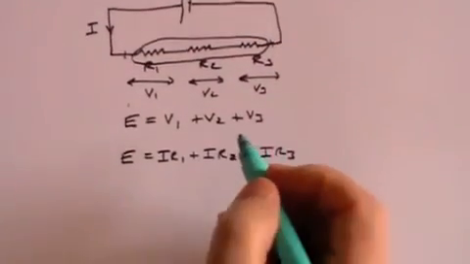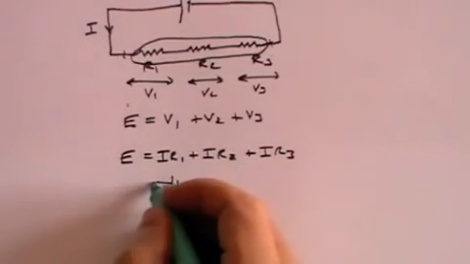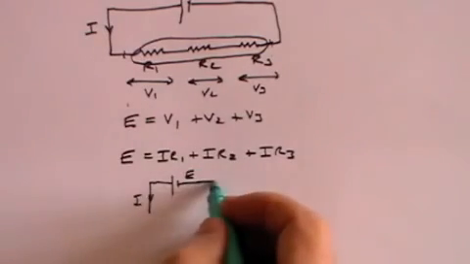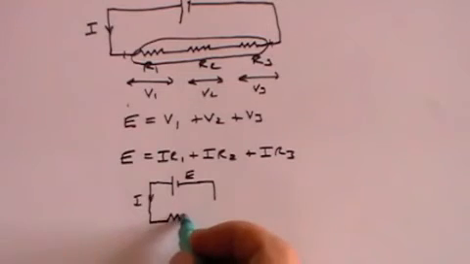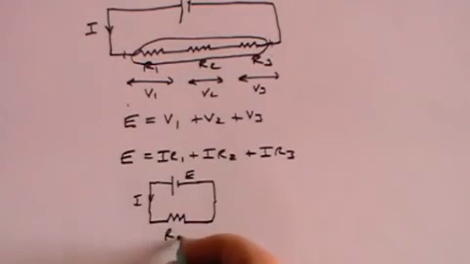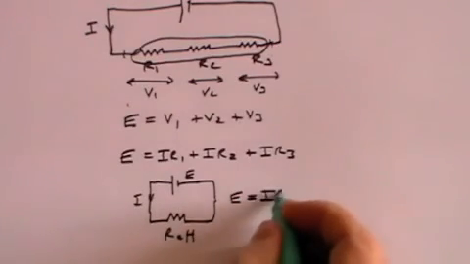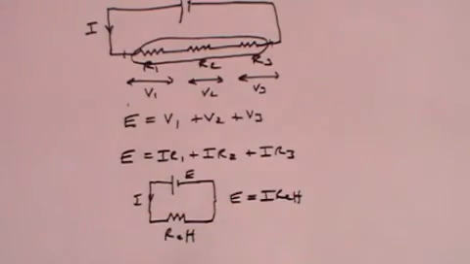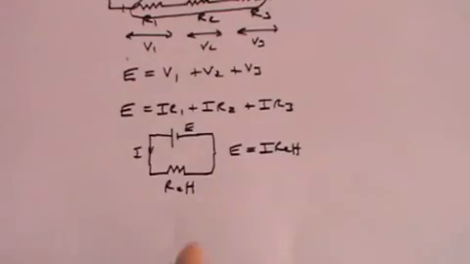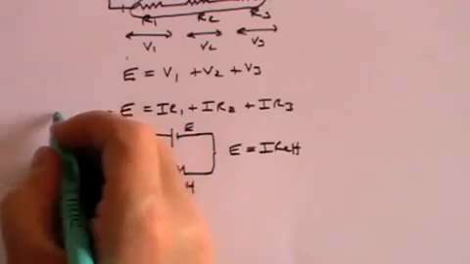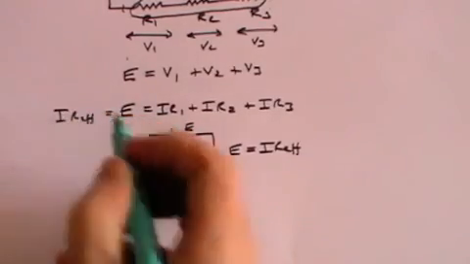Just like we did before, here is our battery, here's our current I, the battery has potential E, and we're going through an effective resistance, R effective. And in those circumstances, E equals I R effective. So we can say that this E here is equal to I R effective.